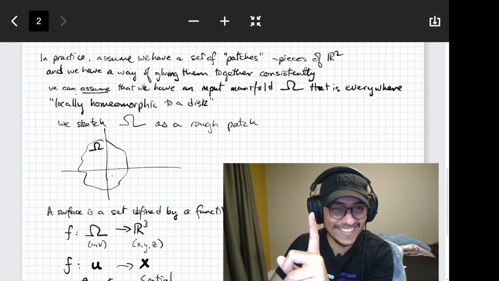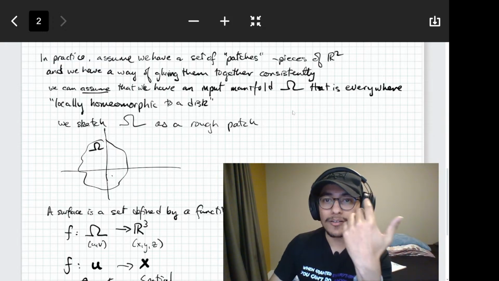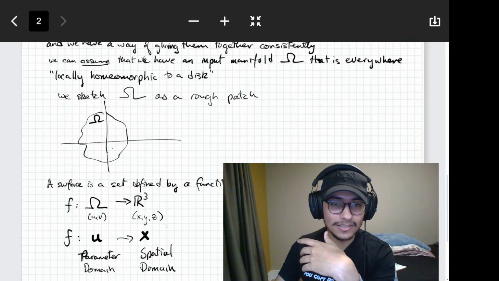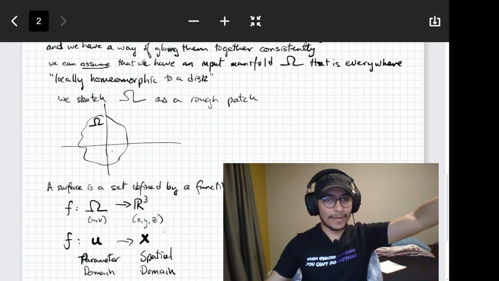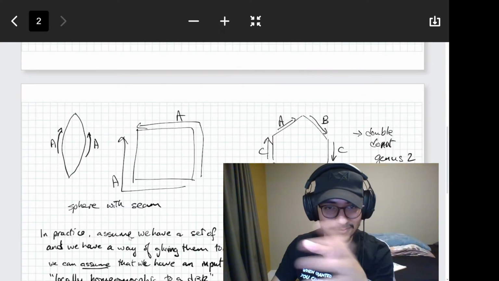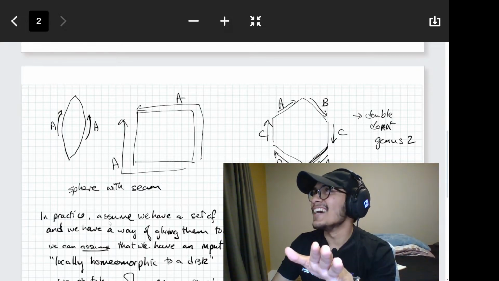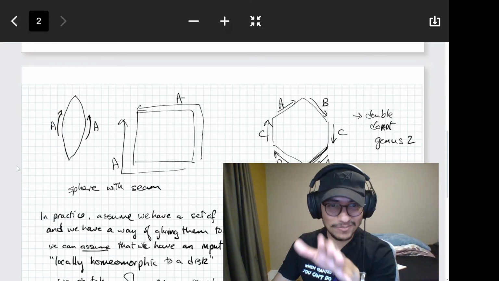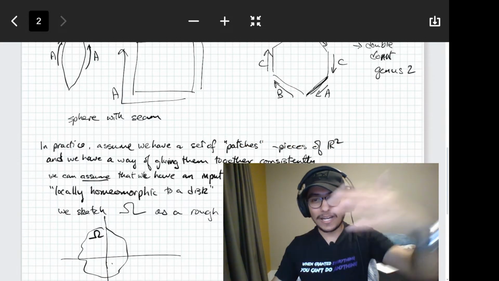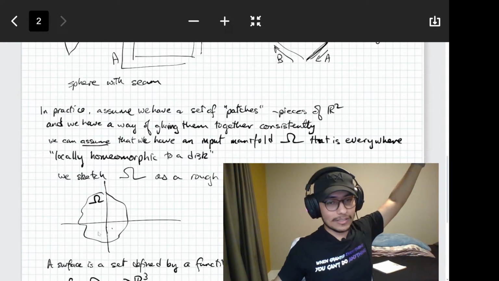Let me go through this again. We can assume that we have an input manifold omega. What does omega mean? It's just the parameter domain. I'm saying it in very layman's terms, but imagine that we have an input manifold that is everywhere locally homeomorphic.